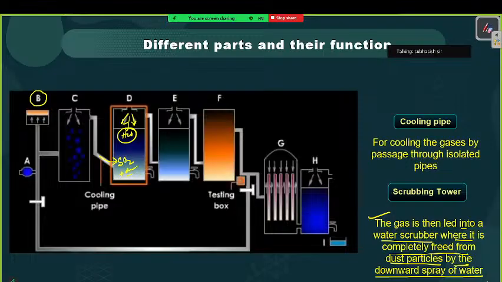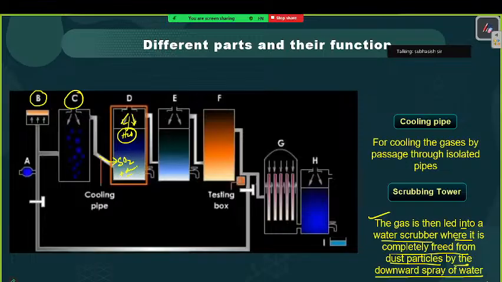Step C can be used to remove the dust particles, but 100% removal of dust particles is not so easy. So after C, step D is also used to remove the dust particles.